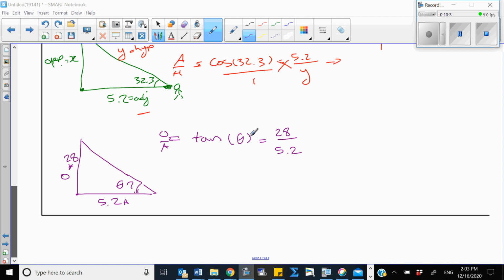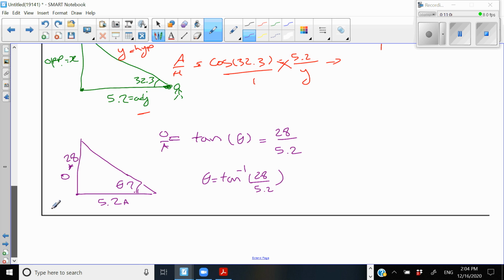Now, what is this angle? To find this angle, the angle is stuck in the tangent function. So I need to undo the tangent. How do I undo that? Using the inverse function. So I'm going to write theta is equal to tangent -1 of 28 over 5.2.